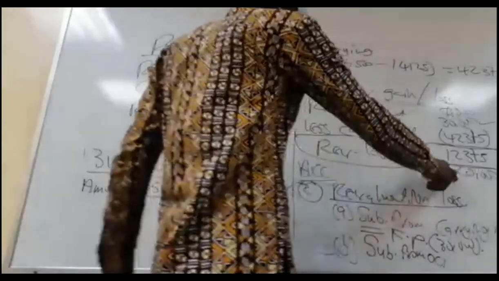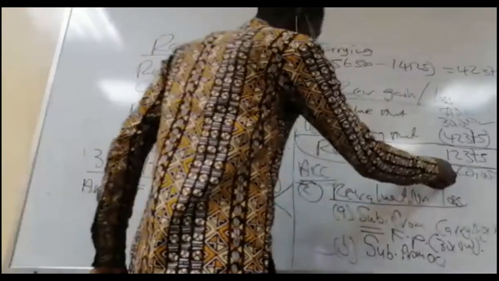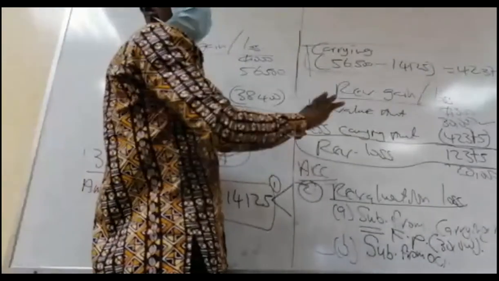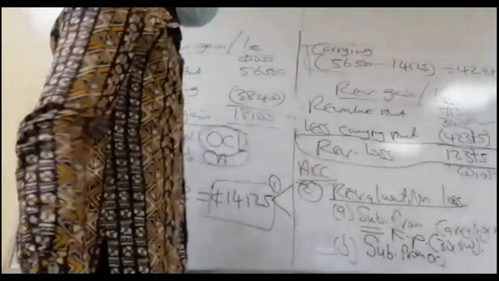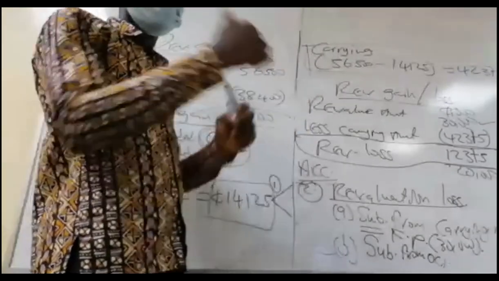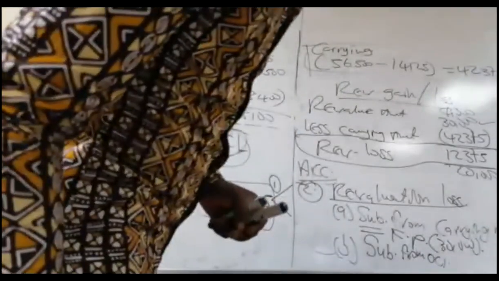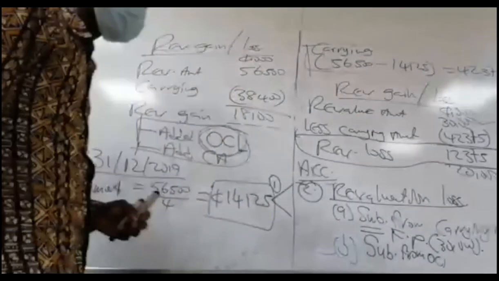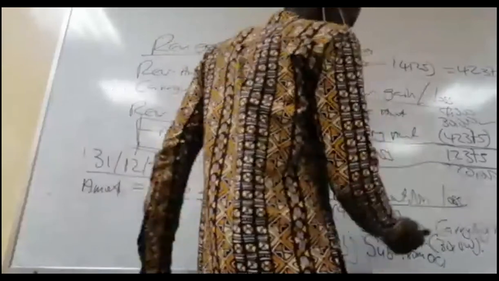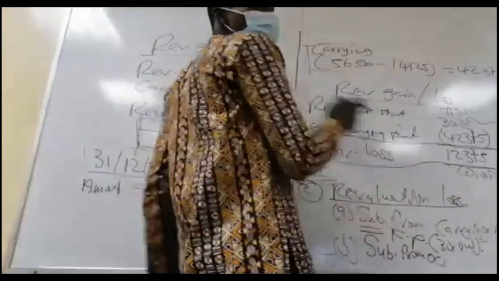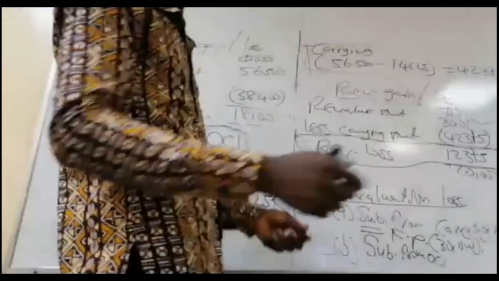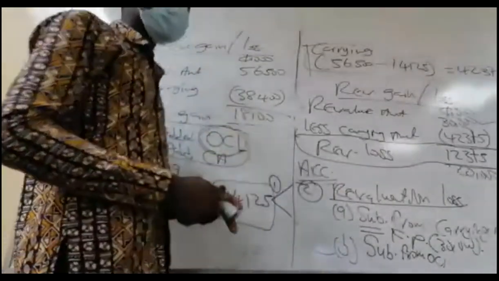So you can send 18,100 to the OCI, and the remaining one goes to the operating expenses, because losses must go to operating expenses unless there's a previous gain. So 18,100 goes to OCI to reverse, and the remainder goes to operating expenses. And you are done.